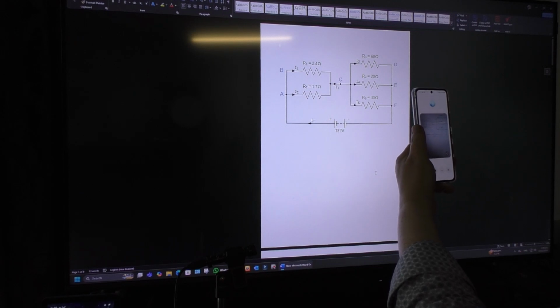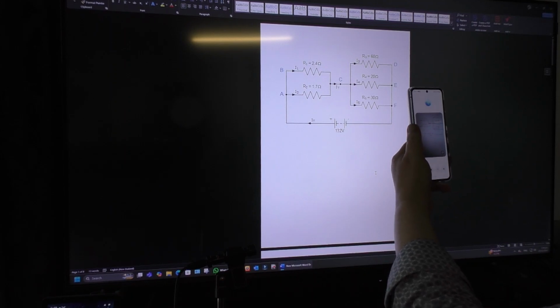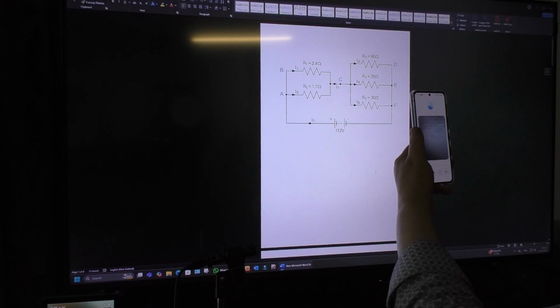Got it. My apologies. For R1, 2.4 ohms, and R2, 1.7 ohms, 1 over 2.4 plus 1 over 1.7 is about 1.9 ohms. So the equivalent resistance, R12, is about 1.0.